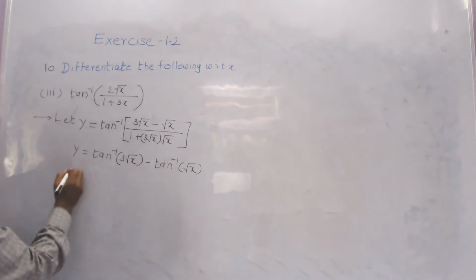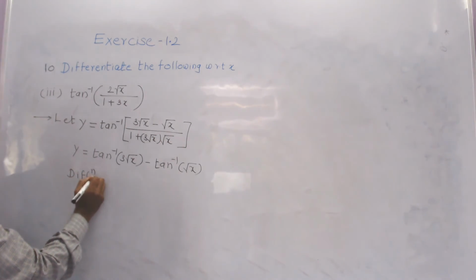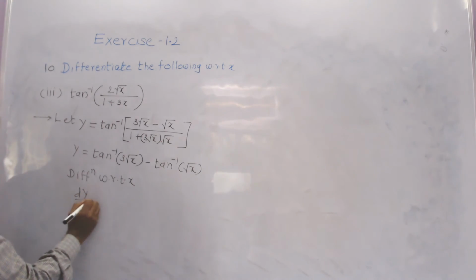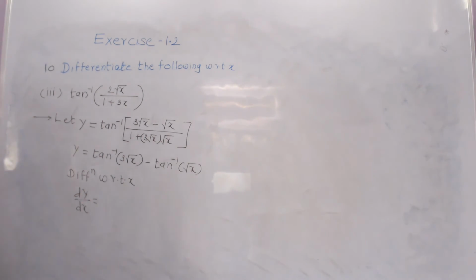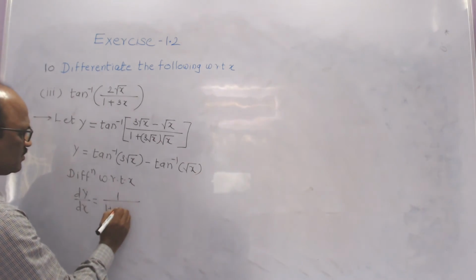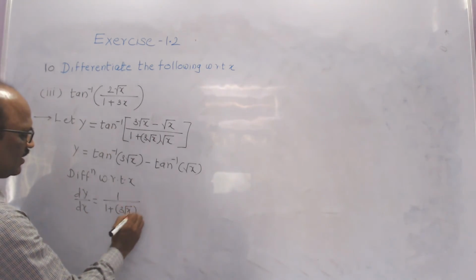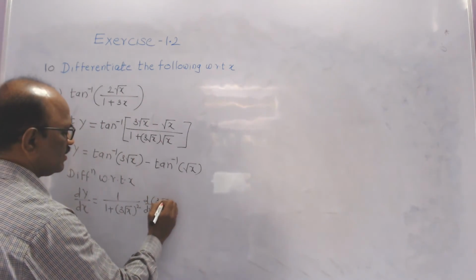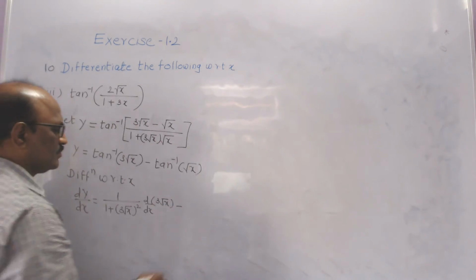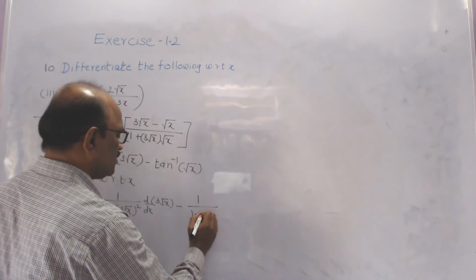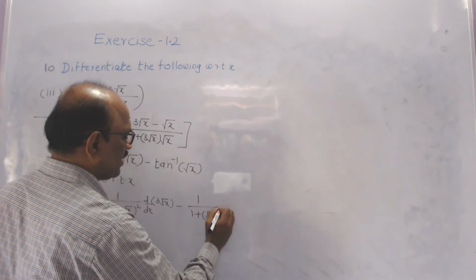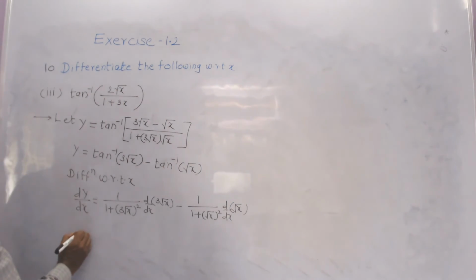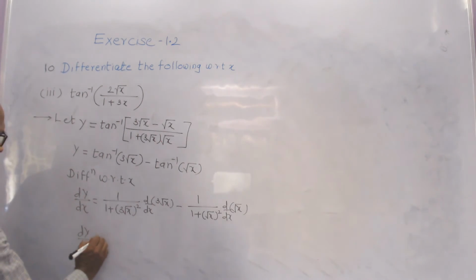Now differentiate this with respect to x, and therefore dy by dx is equal to 1 upon 1 plus 3 root x bracket square into d/dx of 3 root x minus 1 upon 1 plus root x bracket square into derivative of root x.